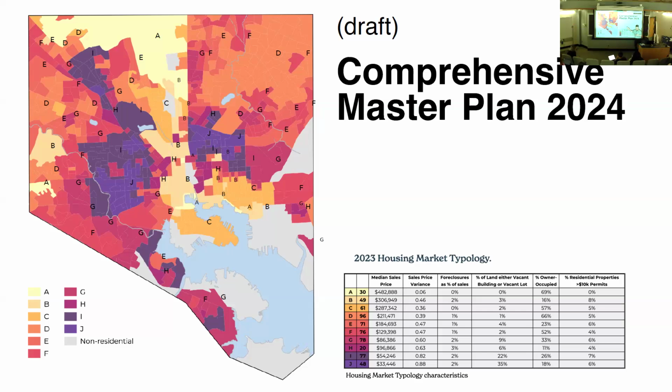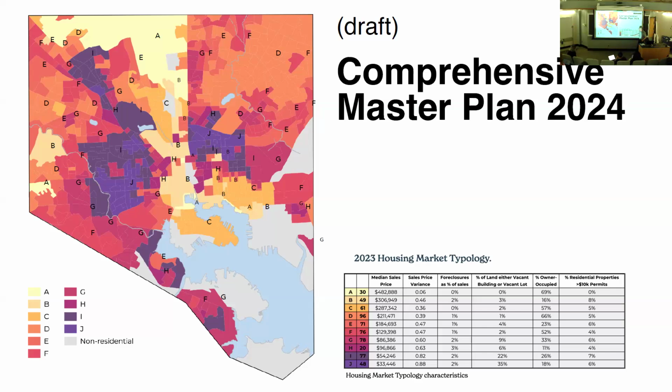A to C are in these middle areas. A is the lowest density, C is the highest density. These are higher price ranges in Baltimore.